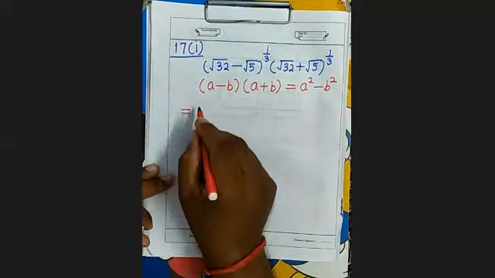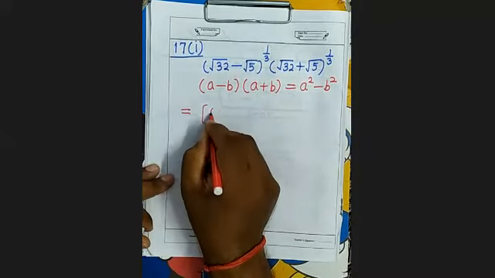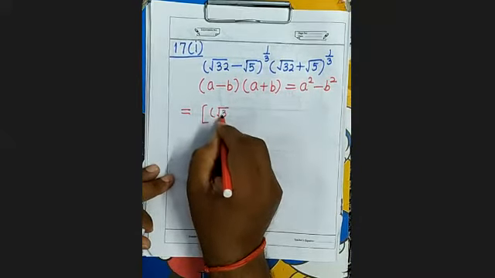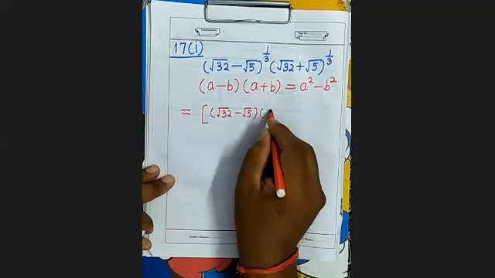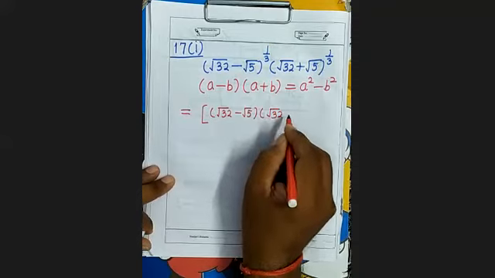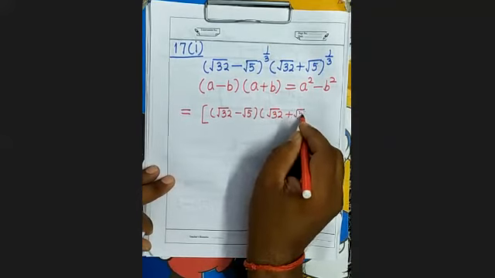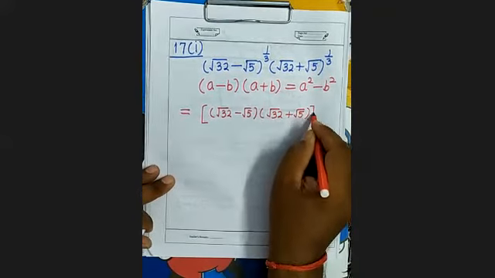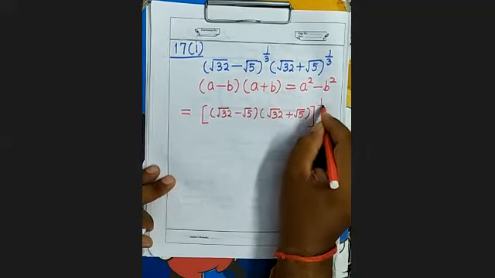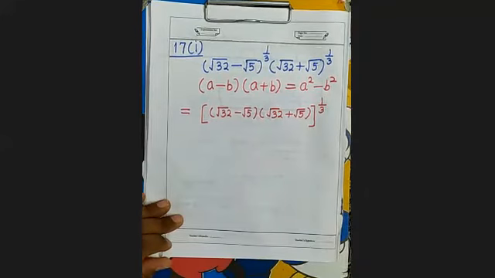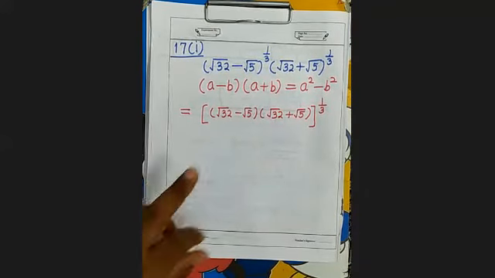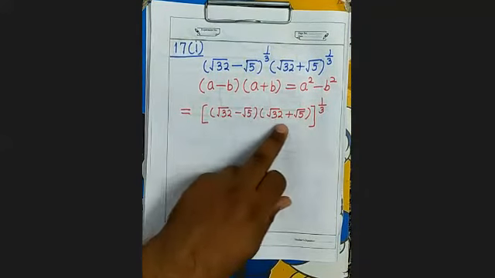You will write these two bases inside a big bracket, because both brackets are in multiplication, and the power you can put outside. So it is (a minus b)(a plus b).